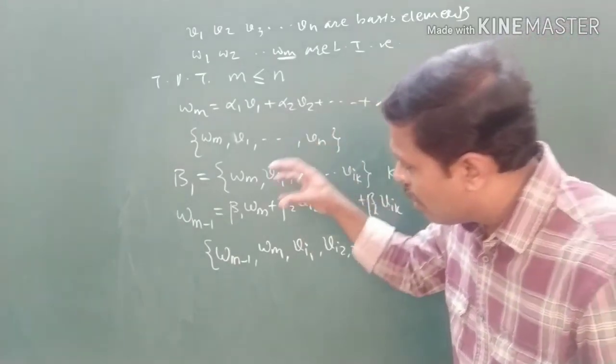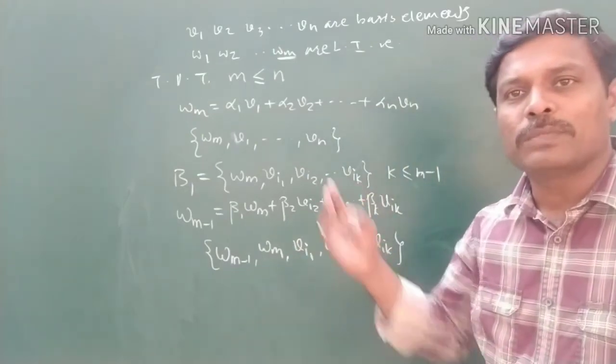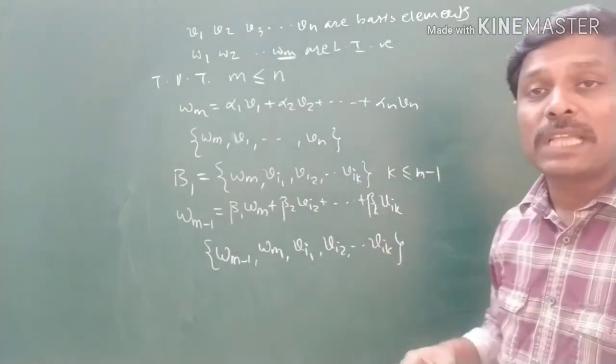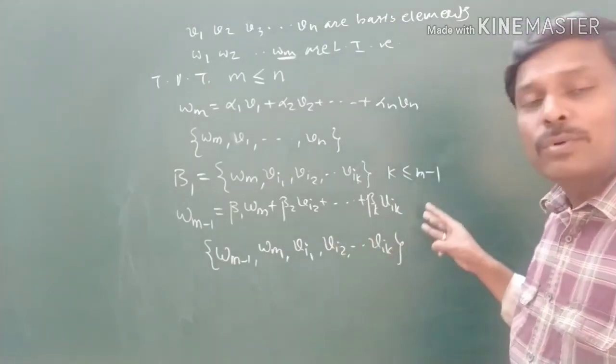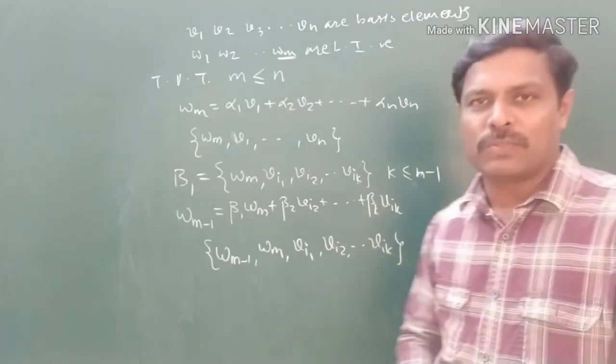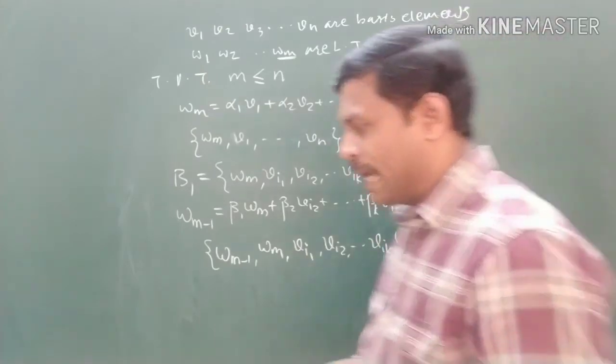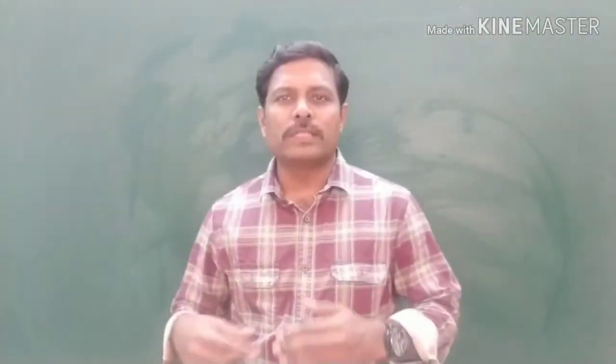When we added three elements from the W's, we have to escape at least three elements from V1, V2, Vn. So continuing in this way, we will construct the next basis of the vector space V.